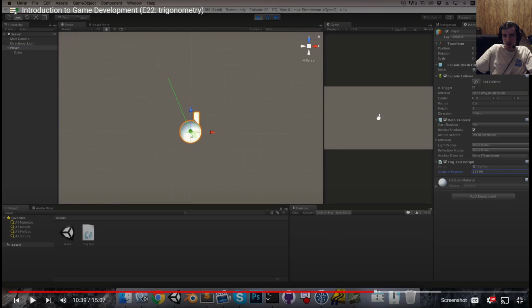If you had it set to 1, 1, it would point this way. At what point on a unit circle does it equal 1, 1? It doesn't, but they would equal the same thing at 90 degrees.